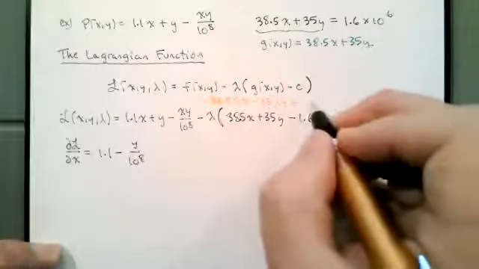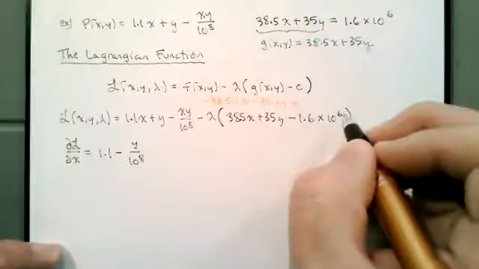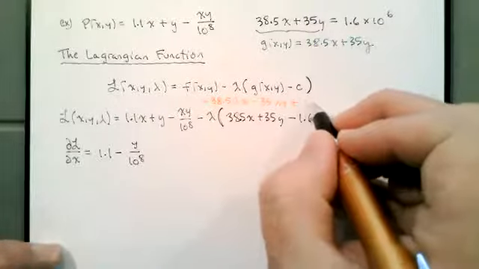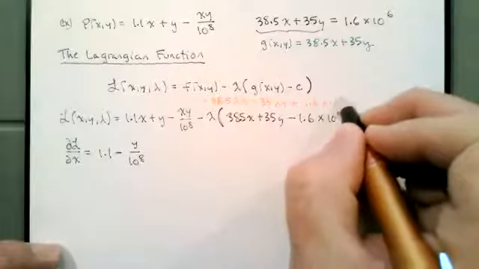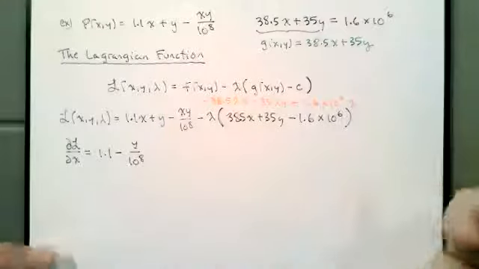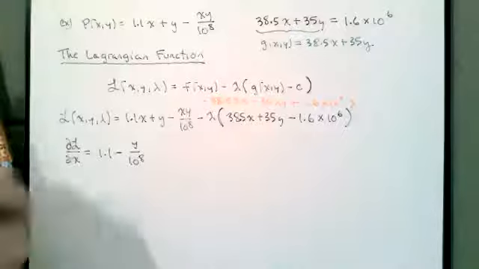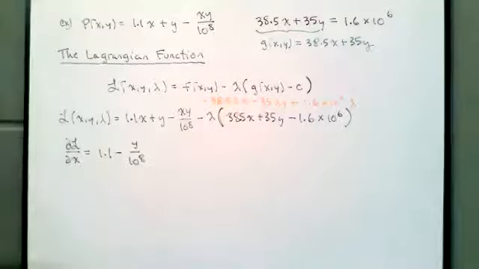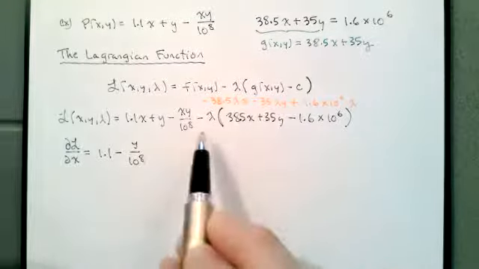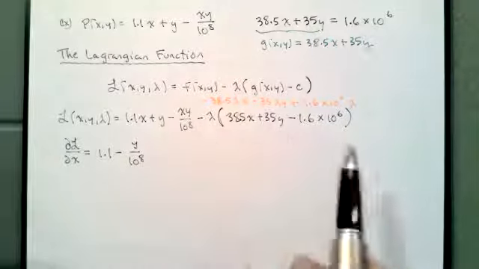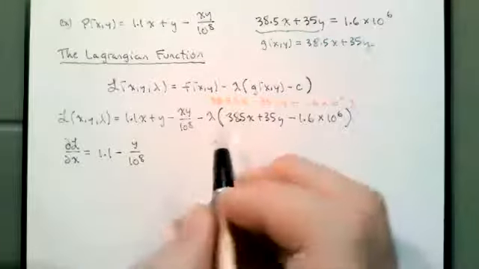Minus minus is plus 1.6 times 10 to the 6th lambda. I'm not sure how many signs you drop when you do these problems, but I drop this sign all the time because I forget the minus. So I need to write it out.